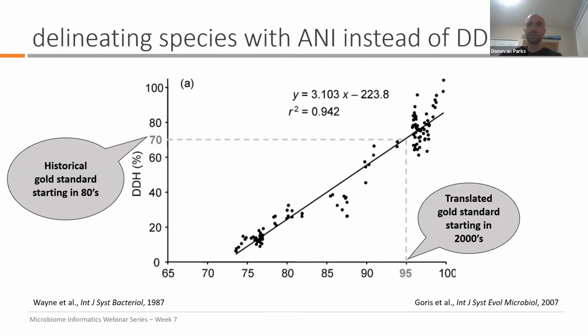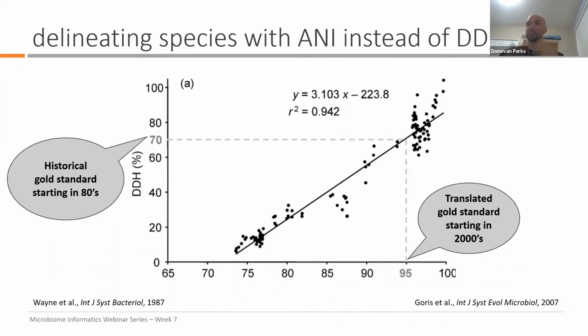Again, there's no strong underlying biological mechanism to justify this 70% criteria. It is much more a case of this was a value that was found to satisfy species as they were currently being defined at the time.